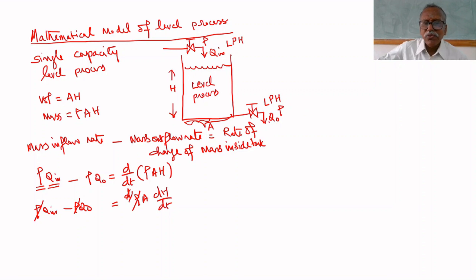This outflow rate Q naught is proportional to root H, the square root of the level, a nonlinear relation.